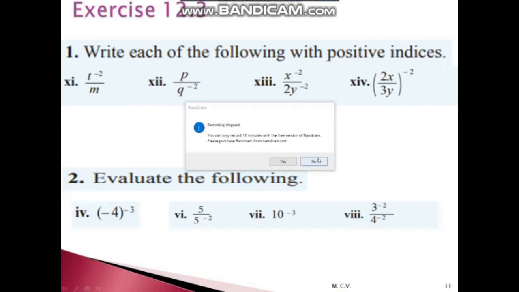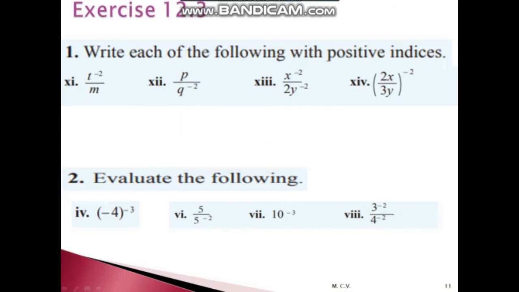Now you have to move the position of t to the power minus 2. Take that to bottom. Already m is in the denominator. When we move t to the power minus 2 to that place, that becomes t to the power plus 2. But no number or power in the numerator, so you can put 1.